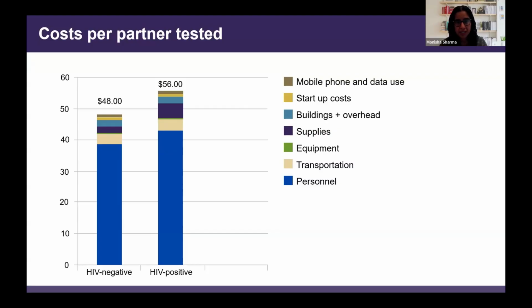So here we can see not only what is the total cost of the intervention, but what are the costs that go into it and what are the cost drivers. And you can see here that personnel costs are really the biggest cost driver. It's a very resource intensive intervention in terms of people's time going out and trying to reach partners, calling them multiple times and getting them to be screened.